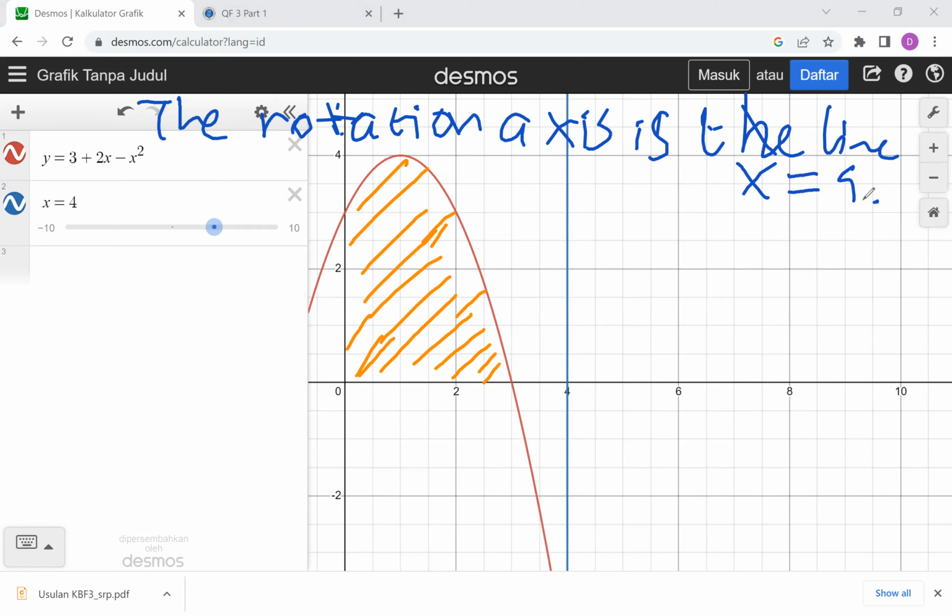Is it washers or shells? Shells, okay. So this is the rotation axis, and we have to revolve this region. So in this case, the same as before, consider vertical slicing here.